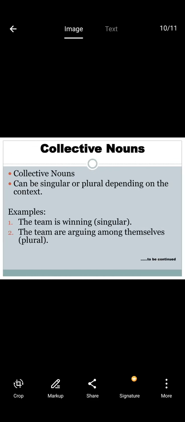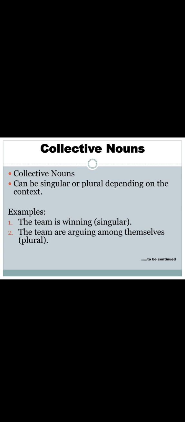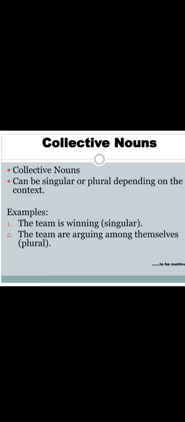Now in the case of collective nouns, collective nouns can be singular or plural depending on the context. Depending on the context, a singular or plural verb will be used. I have given two examples. The first one: the team is winning.